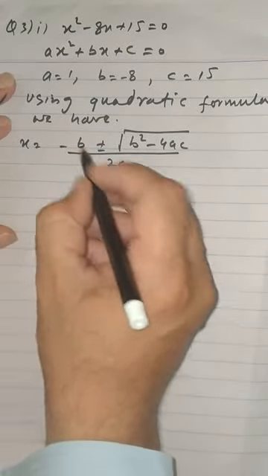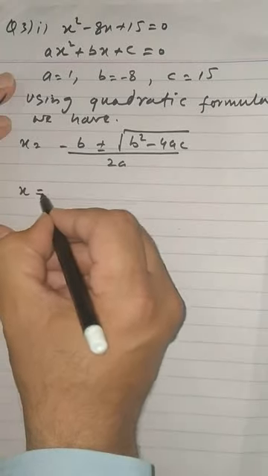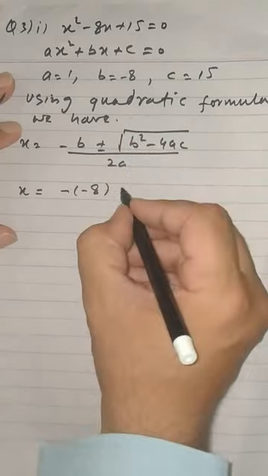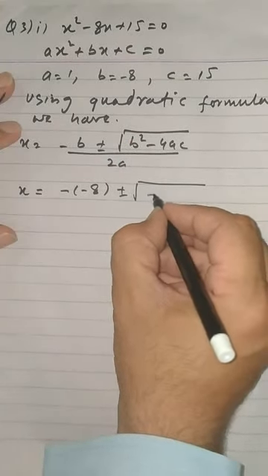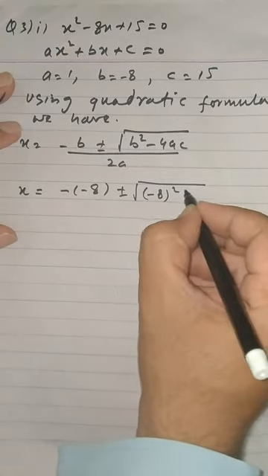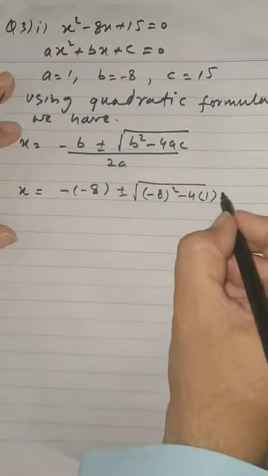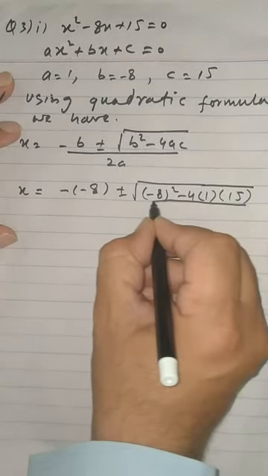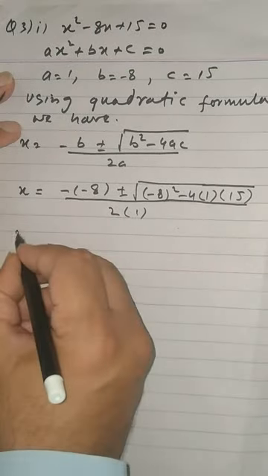Now putting the given values, we will get here x equals minus 8 is the value of b, plus minus under the root minus 8 square minus 4, a value is 1, c value is 15, whole divided by 2, and a value is 1.